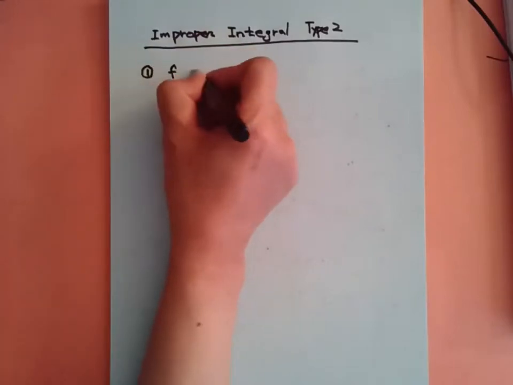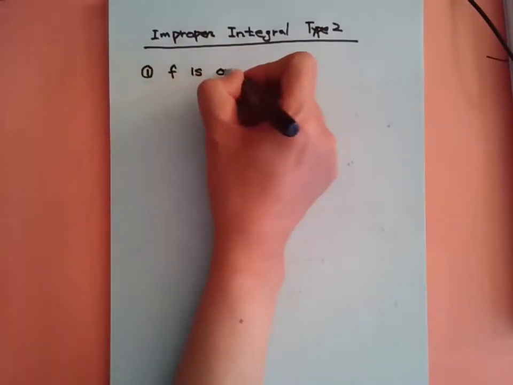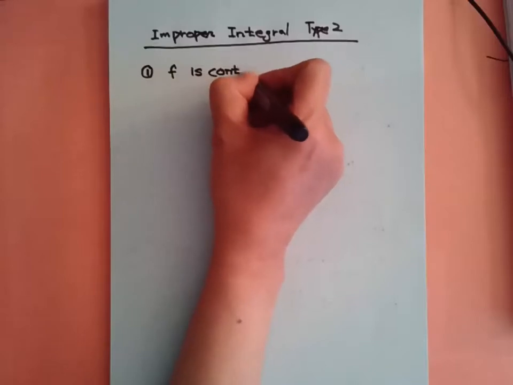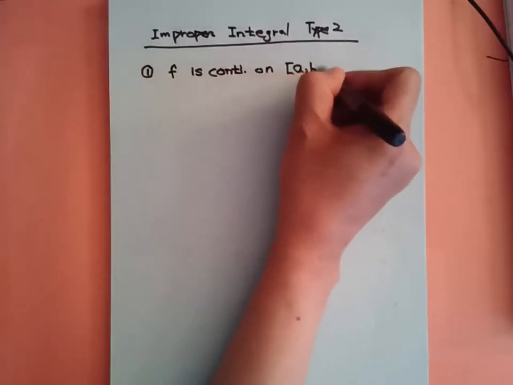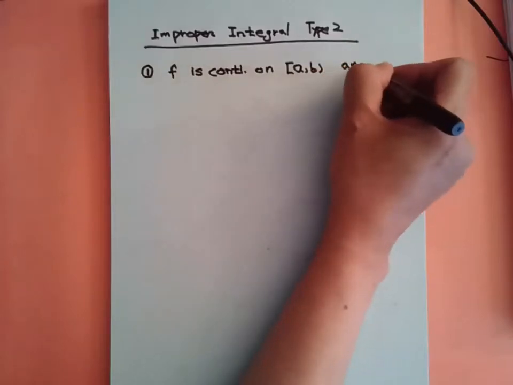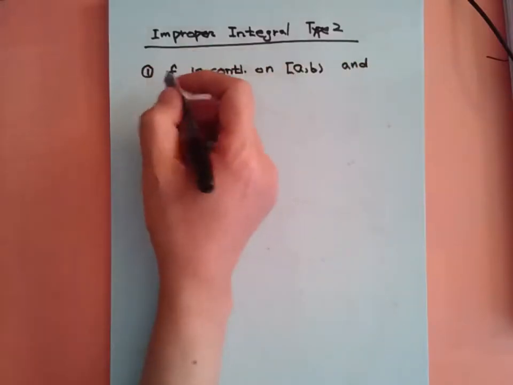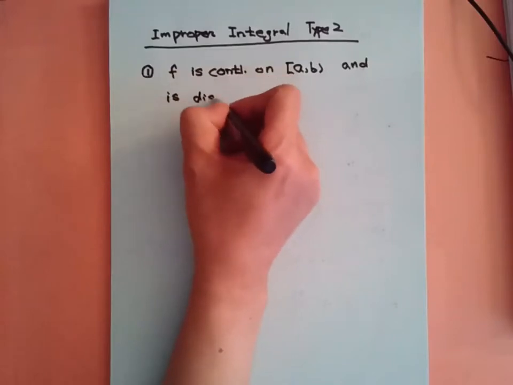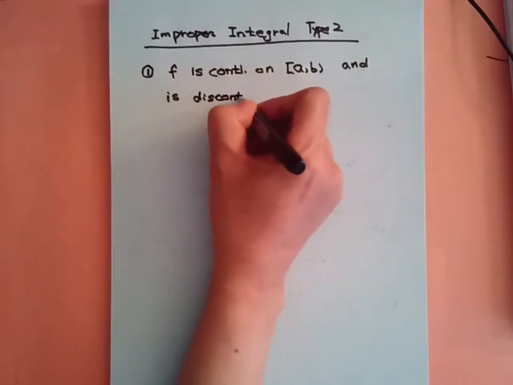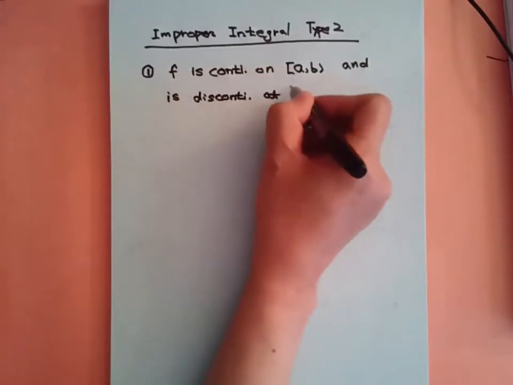So f is continuous on [a, b). This is a semi-open interval, and f is discontinuous at b.